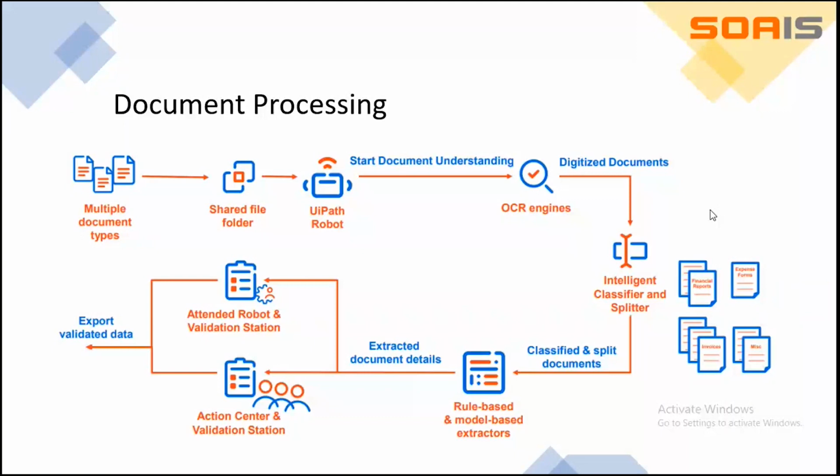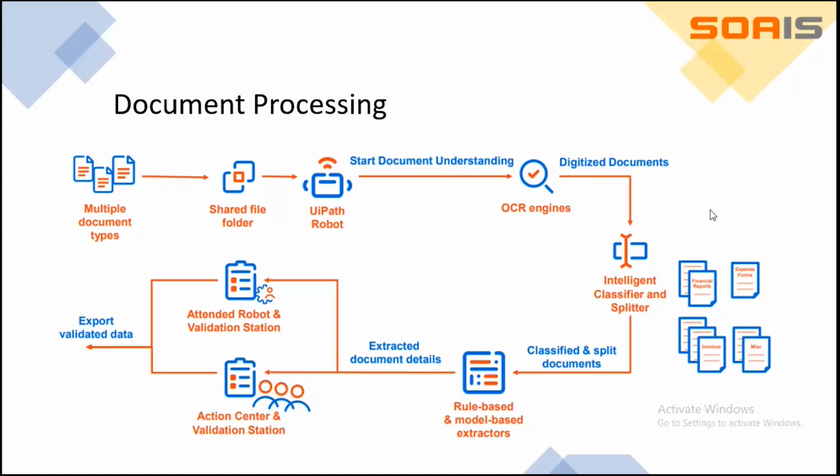So as soon as the extraction happens, the next thing that's going to happen is validation. When it comes to validation, there are two different types of validations that we can have from UiPath. One is attended robot validation. The other one is Action Center validation station. The advantage of using the attended robot validation station is that as soon as you run the bot from your machine, you will have to sit in front of the machine until the document comes to the validation station.